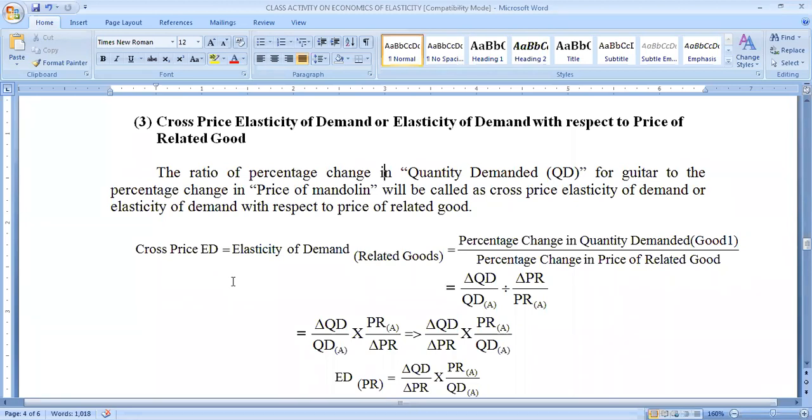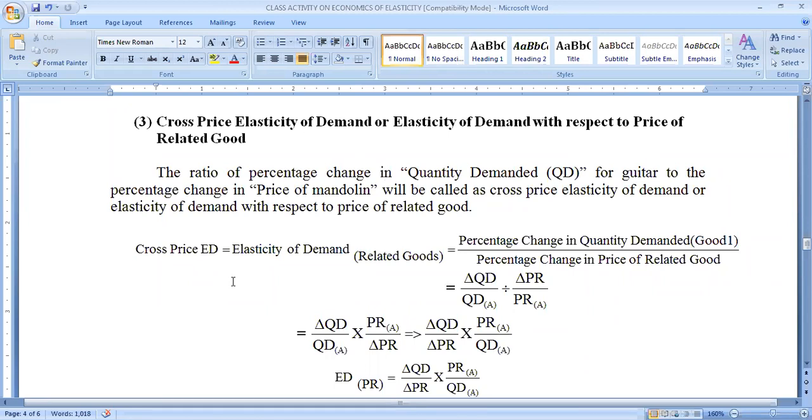So here we have a demand for guitar, but the price for mandolin. So these are two different musical instruments. Guitar is a separate product, and mandolin is a separate product. So we are talking about the impact of the price of mandolin upon the quantity demanded for guitar, right?